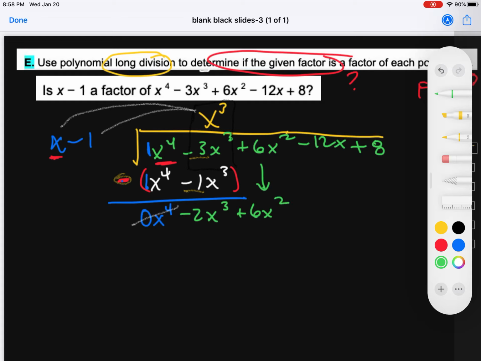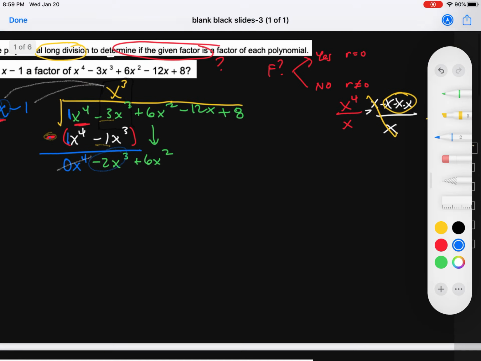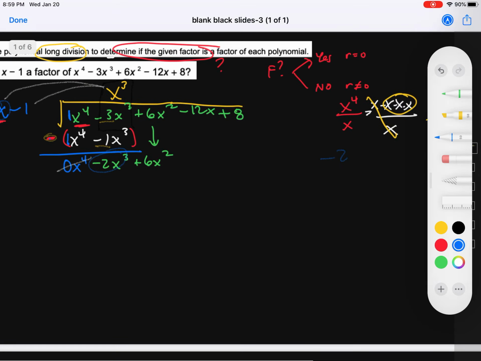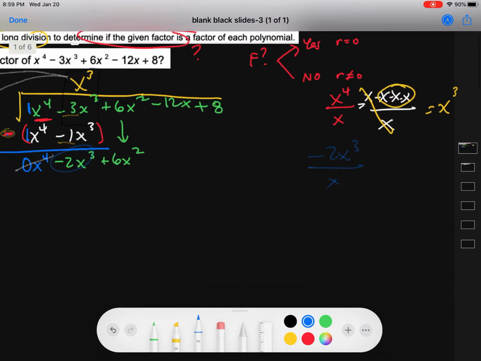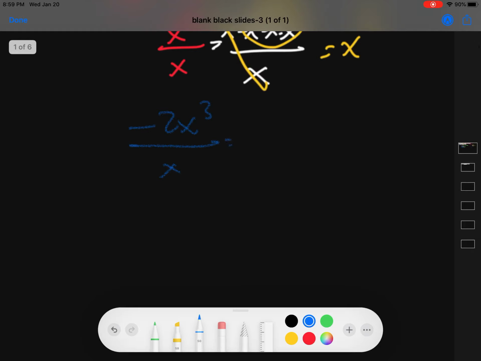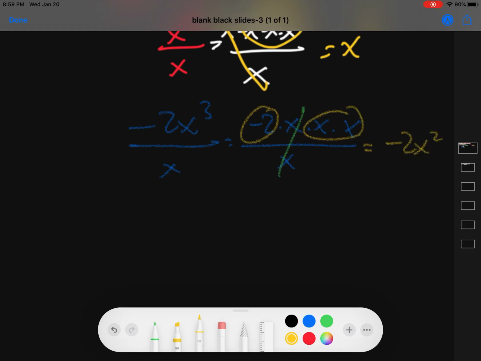And then I'm going to do that side problem here. -2x cubed divided by x. That is essentially -2 times x times x times x divided by x. These will cancel, and we're left with -2x squared.